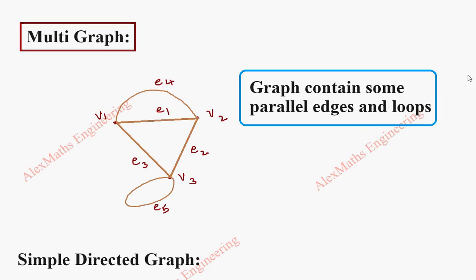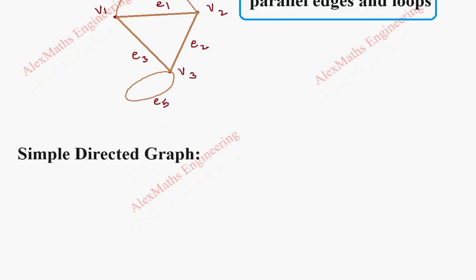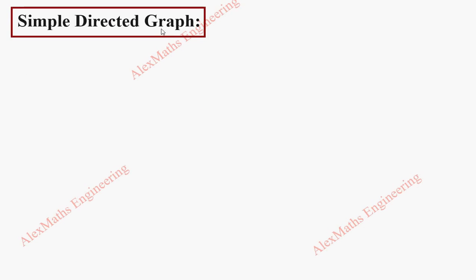Already we discussed about simple graph, but next we are going to discuss about the simple directed graph. So it is a simple graph in which the direction is given for the edges. For example, if I have vertex V1, V2 and V3, and if I join by the edges E1, E2 and E3.